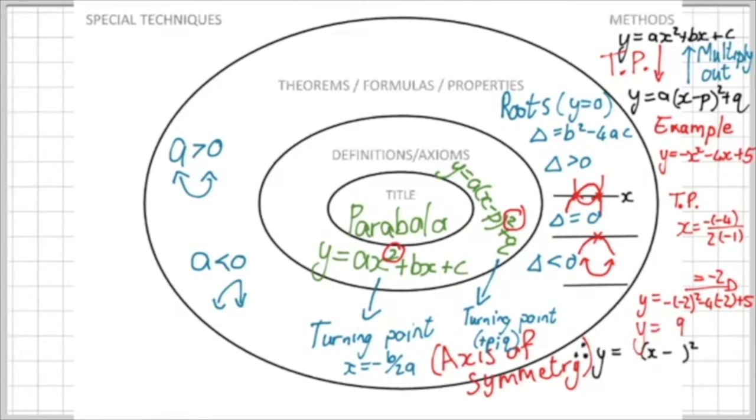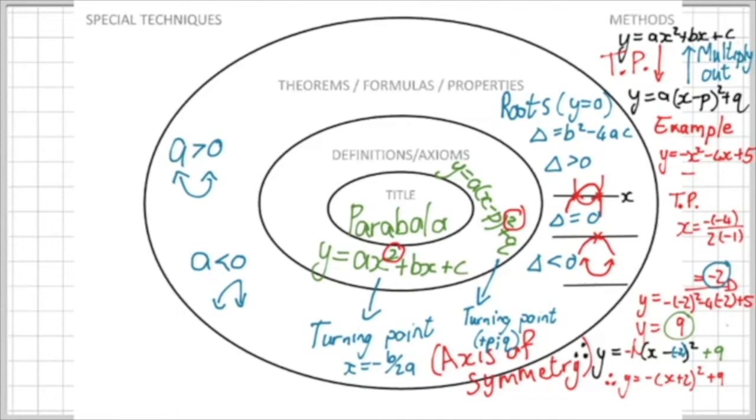So all I'm going to do now is substitute what I've got into the turning point formula. So now I have that a is negative 1 because that's what's in front of the x squared. The p value is negative 2 and the q value is 9. In other words, my formula is y equals negative (x plus 2) squared plus 9. Well, there I've got an example.